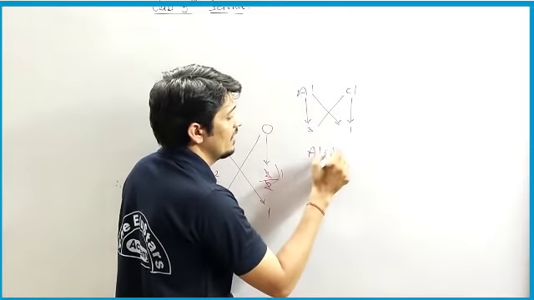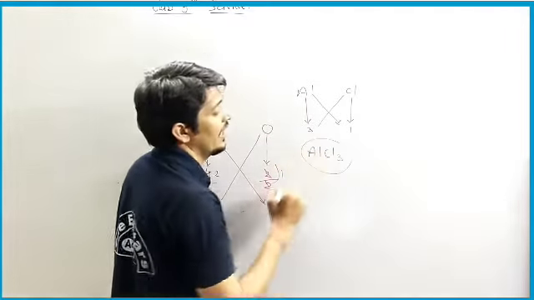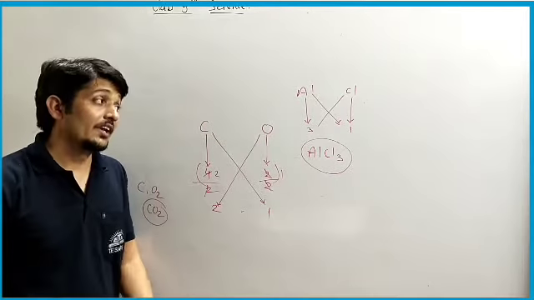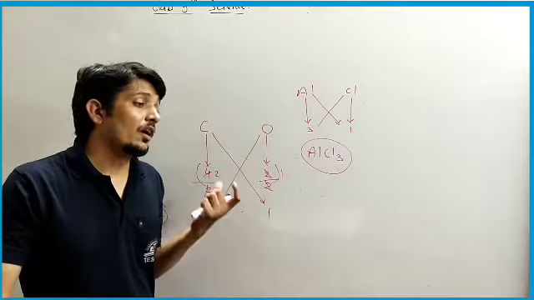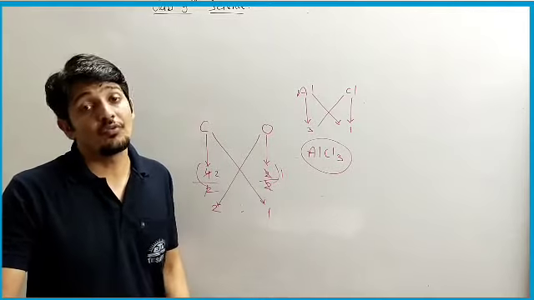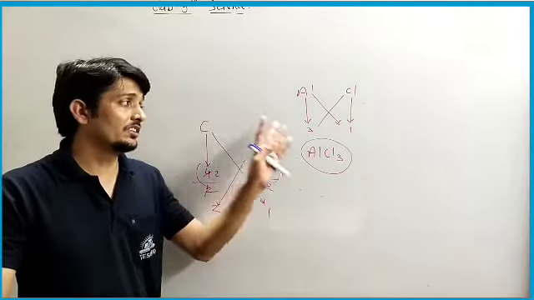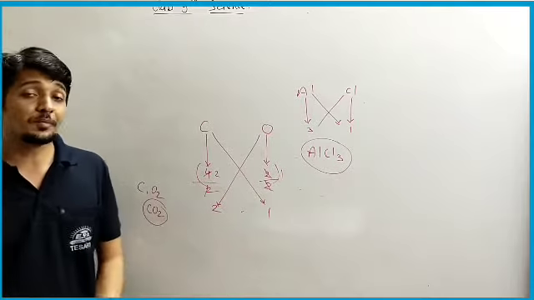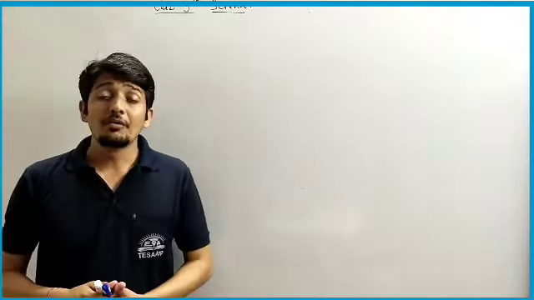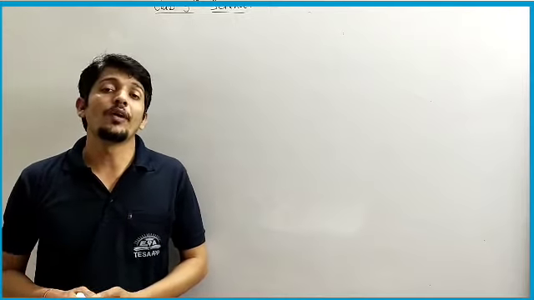That means AlCl3, so it is aluminium chloride. This is the way you have to decide the compound on the basis of valency. So this is all about valency. Write it down again, 2 examples are there.